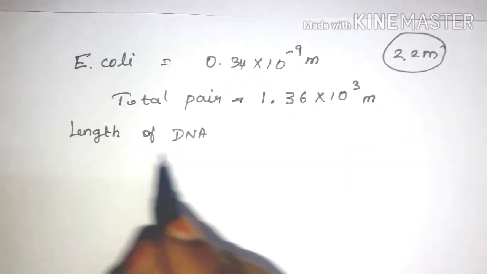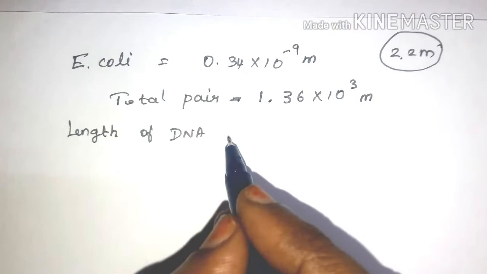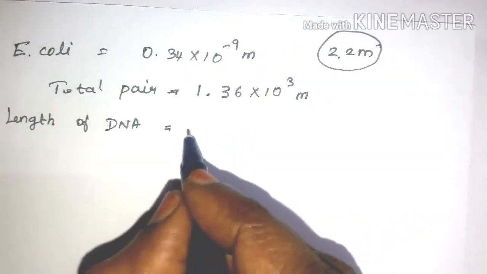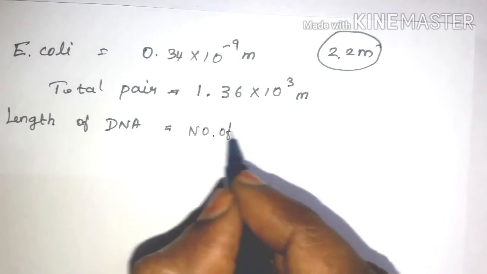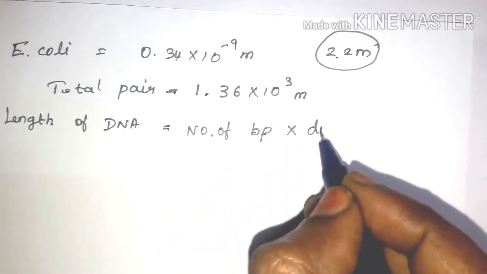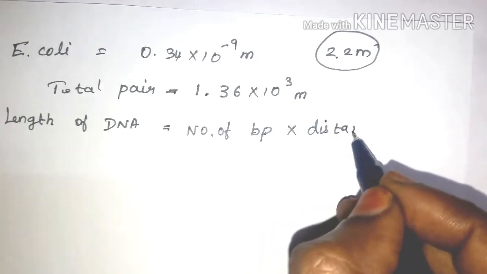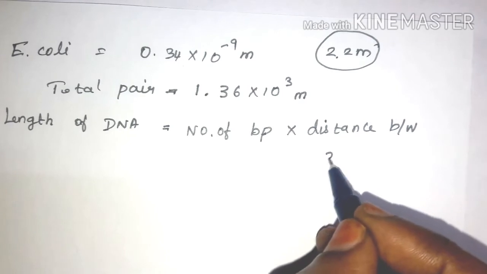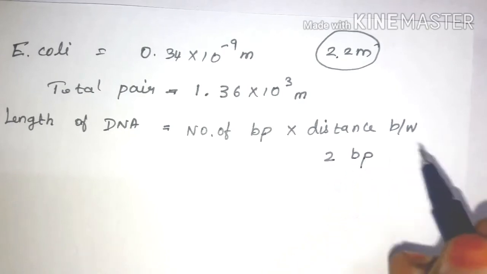Now what is the length in the case of E. coli? You can calculate it. There is a formula: number of base pairs multiplied by the distance between two base pairs.